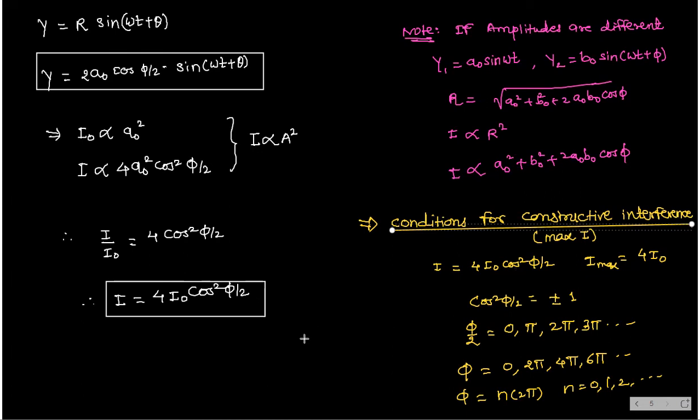And here only I am writing, what should be the path difference? Below only I am writing, because we got phase difference. So phase difference phi is equal to n into 2 pi.